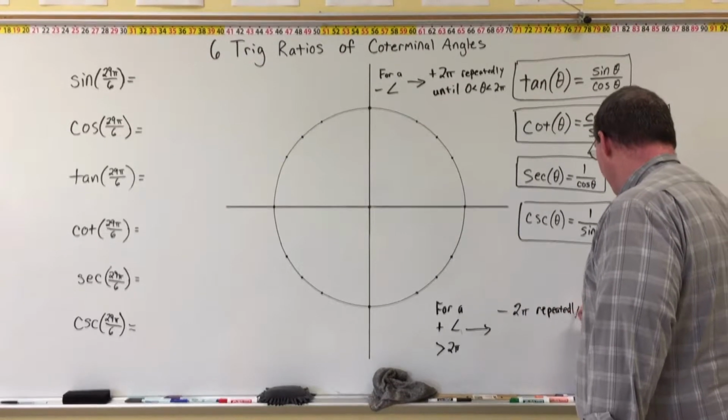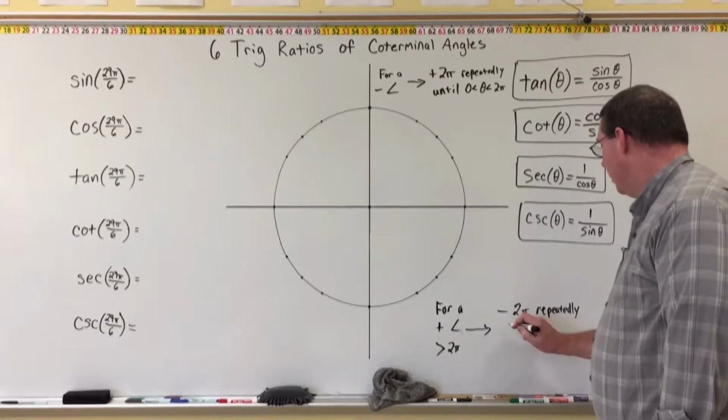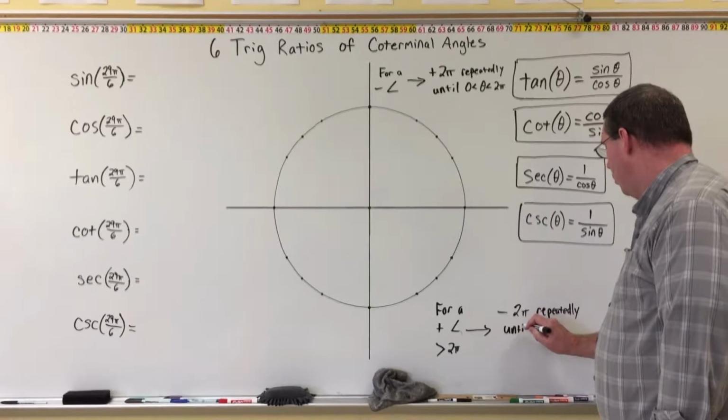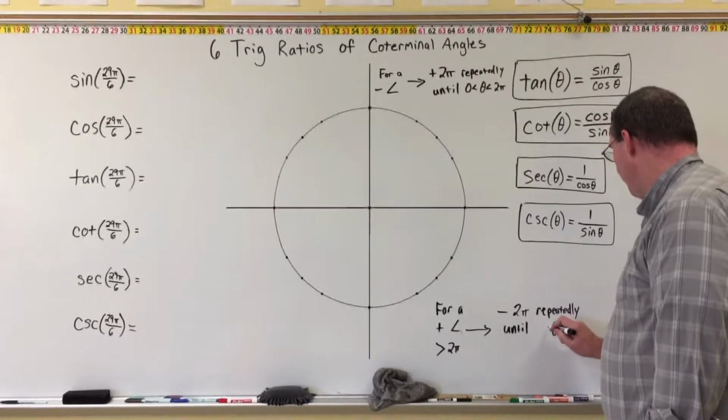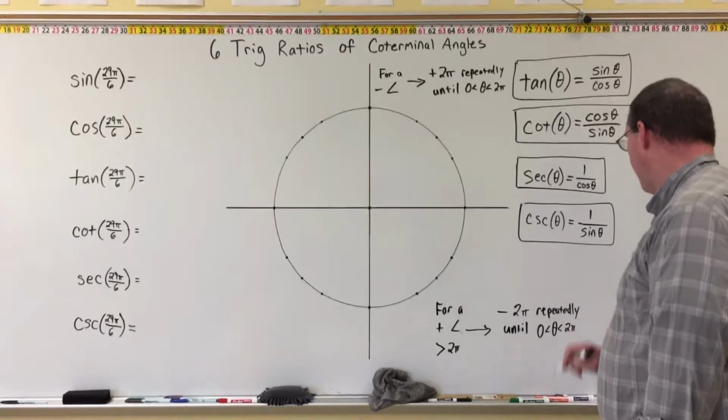You've already done this, so we're just reviewing. You subtract 2 pi repeatedly until your theta angle is between 0 and 2 pi, okay?